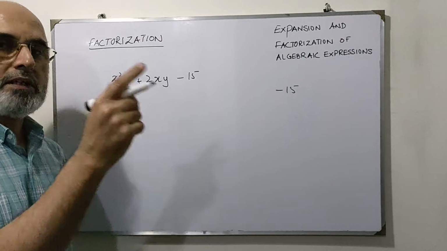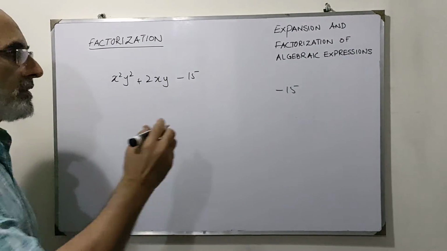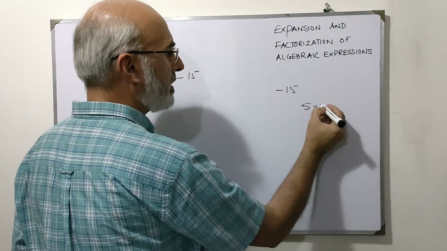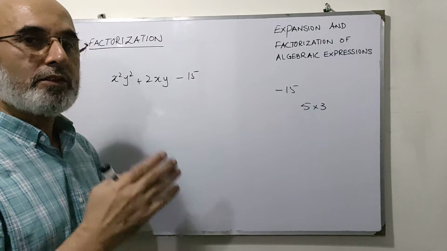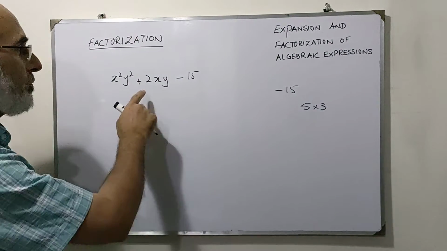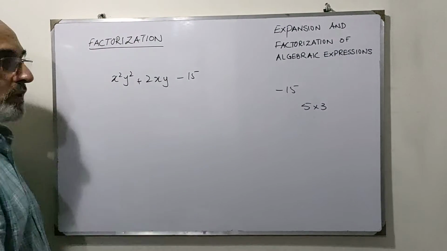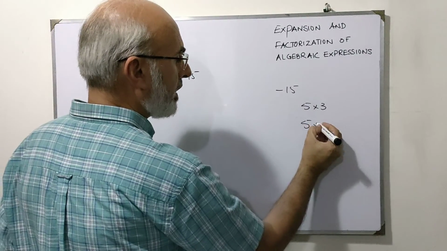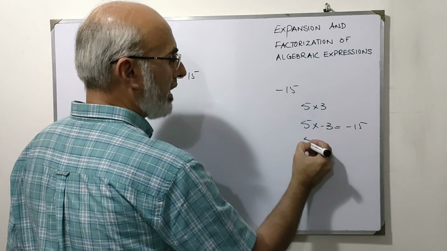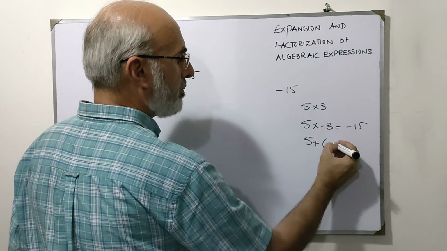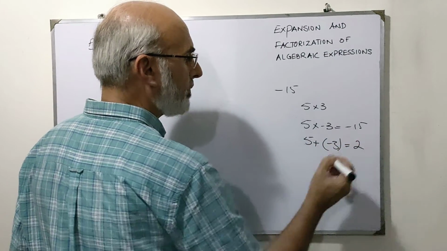When we multiply, we need minus 15. The factors are the same, 5 and 3, but which one is going to be negative now? It's going to be 3, because when we add them, we need plus 2xy. So 5 into minus 3, we get minus 15, and 5 plus minus 3, we get 2, right?